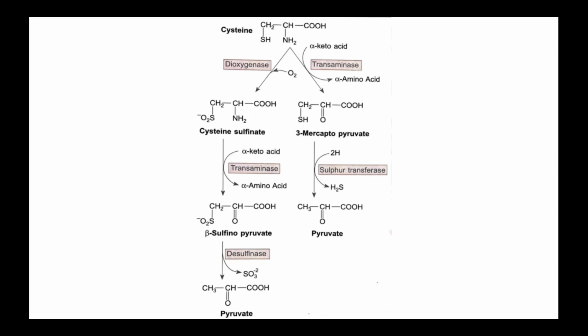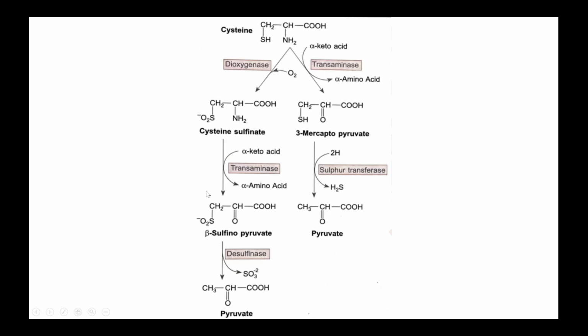We have already covered the carbohydrate metabolism, so I hope that part is clear. Cysteine basically gets converted to pyruvate in two ways. Either a dioxygenase reacts with cysteine to form cysteine sulfinate, and this cysteine sulfinate then undergoes a transamination reaction where the amino group is transferred to an alpha keto acid.